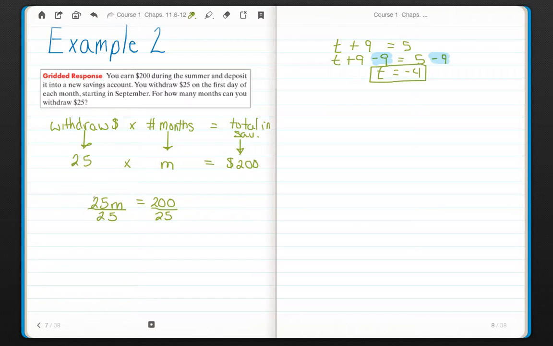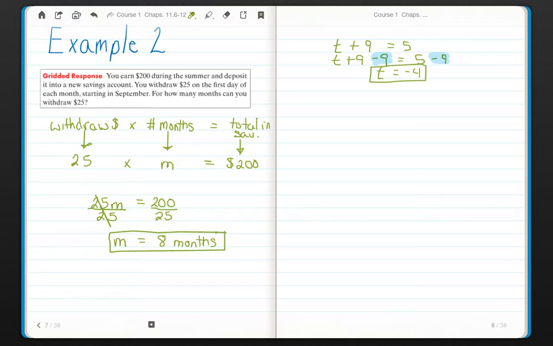Now I'm going to show that these cross cancel because 25 divided by 25 equals 1, and 1 times M is M. So I'm left with M on this side. 200 divided by 25, well, I know there are 4 25s in 100, so there must be 8. So M equals 8 months. So you can withdraw $25 a month for 8 months before you run out of money.